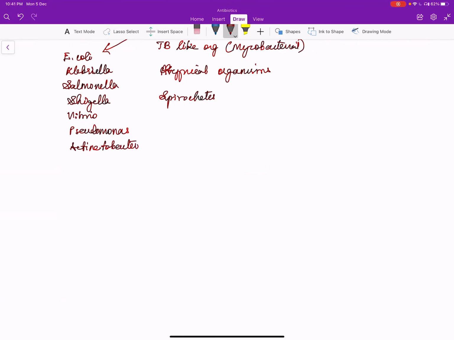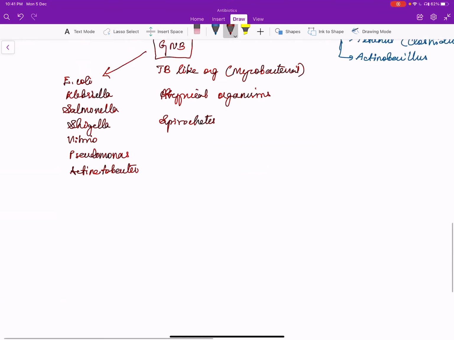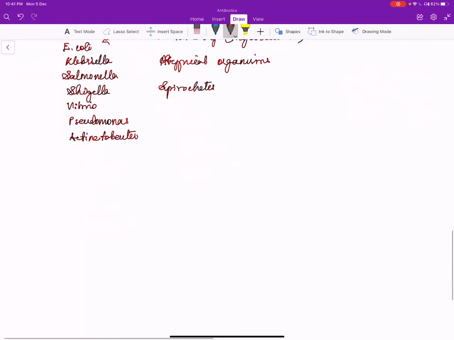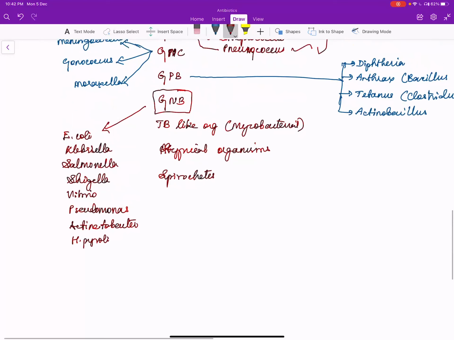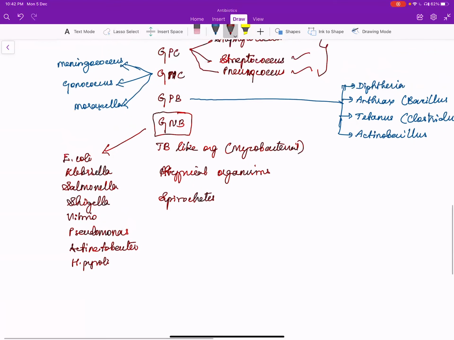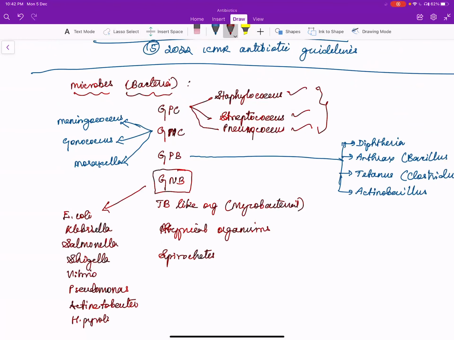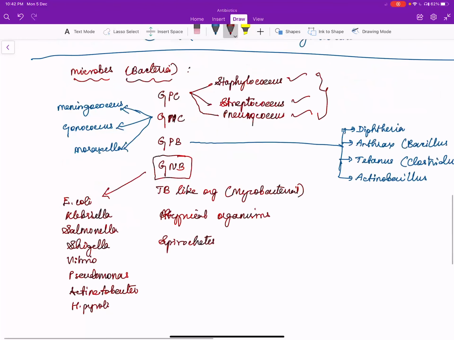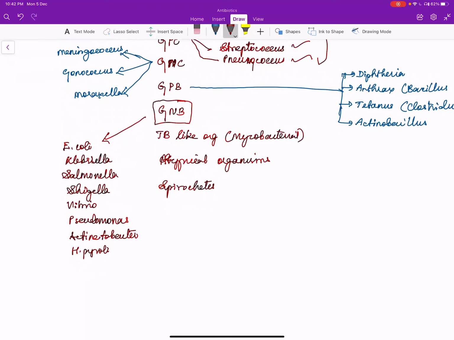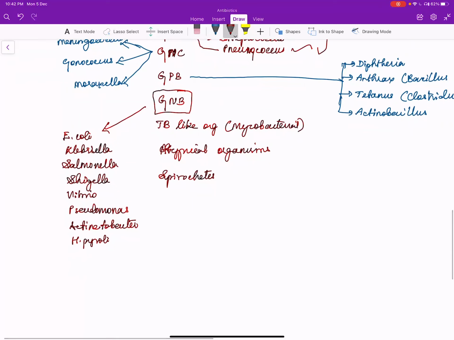And what else? If you randomly choose one name, it will fit under gram-negative bacilli. Helicobacter pylori, for instance. Most of the bacteria themselves are gram-negative bacilli. So at least remember gram-positive cocci, gram-negative cocci, and gram-positive bacilli, so that you can remember the remaining as gram-negative bacilli.